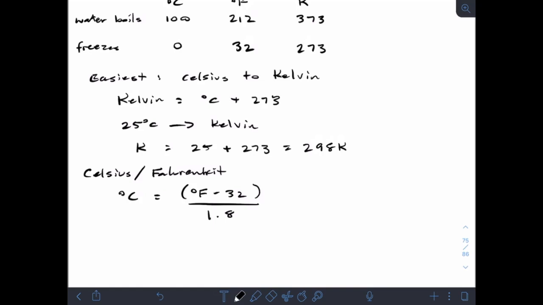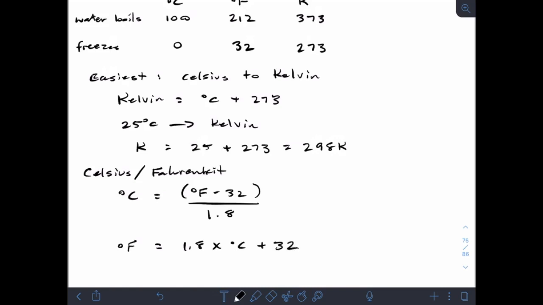It's important to use those parentheses. Determine that Fahrenheit minus 32 first, then divide by 1.8. If you need to convert to degrees Fahrenheit, we have 1.8 times degrees Celsius plus 32. No parentheses to worry about.